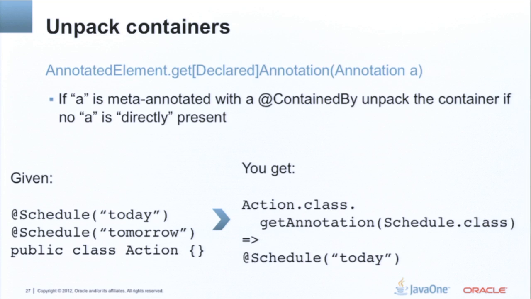If A's container is there, unpack it and take the first one. So given the declaration, you have two schedules on action and you look for a schedule, you get the first one. Well, we think this is pretty reasonable.